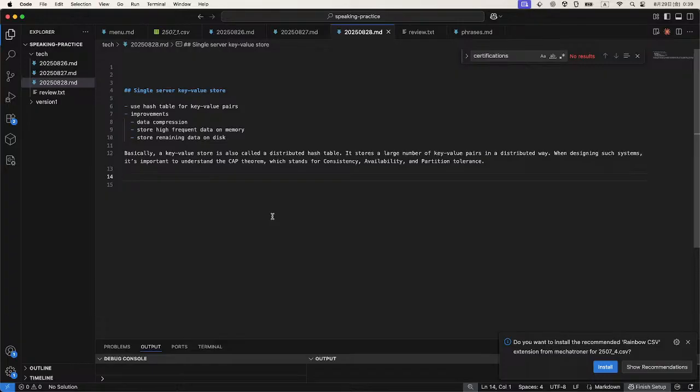Let's think about the situation where node 3 is down, so node 3 cannot connect to node 1 and node 2. When the client writes data to node 1 or node 2, the data cannot be sent to node 3.